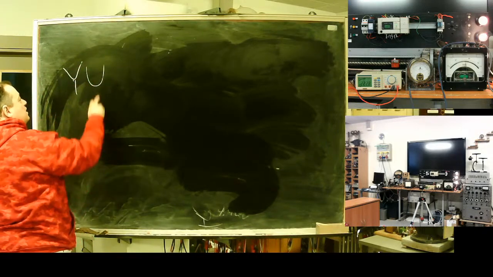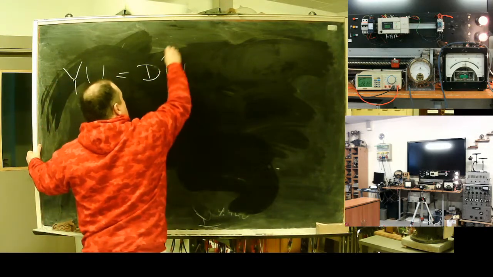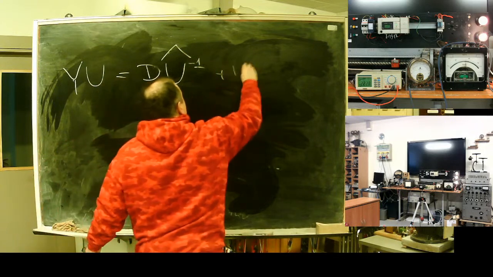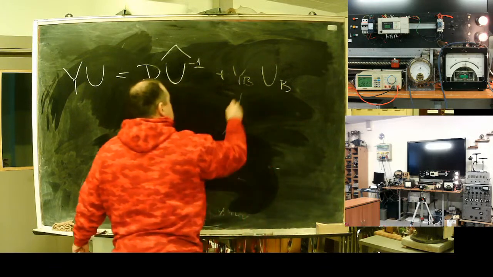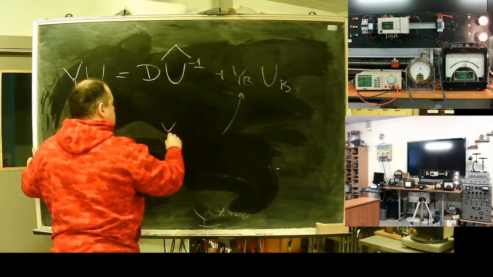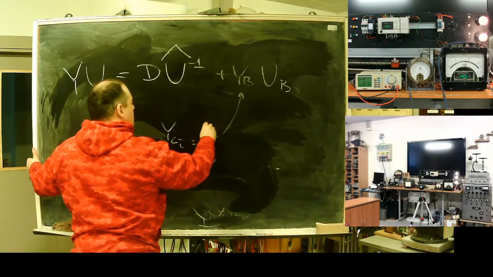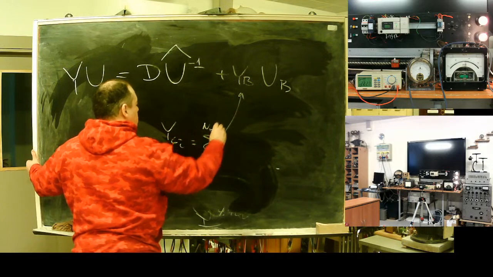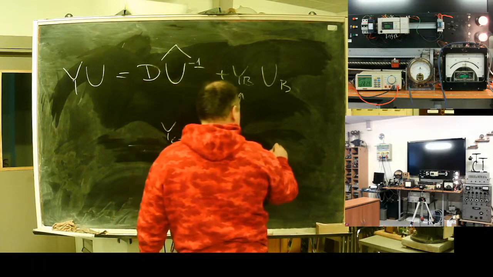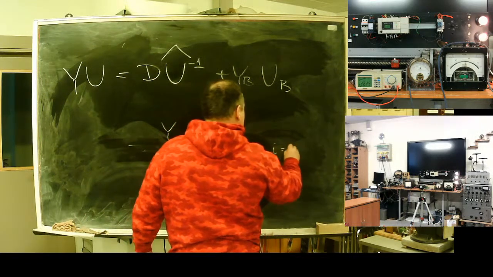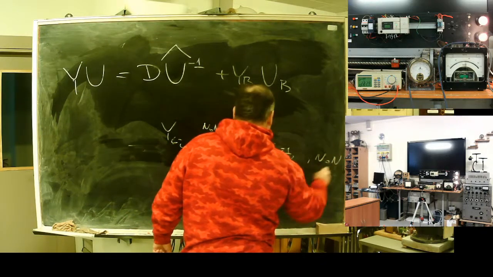Nodal admittance matrix times voltages is equal to the current plus, with this one it's very simple, the sum over number of nodes for each I from 1 to number of nodes.